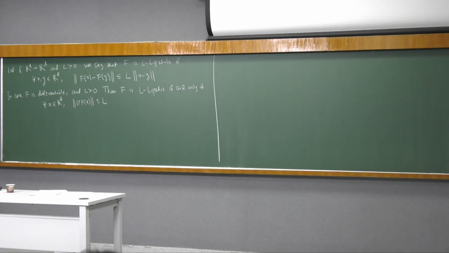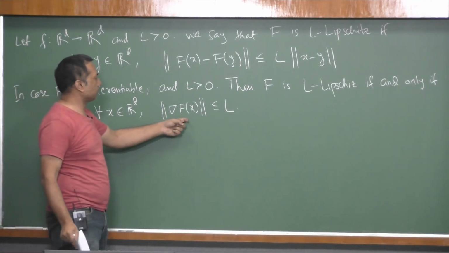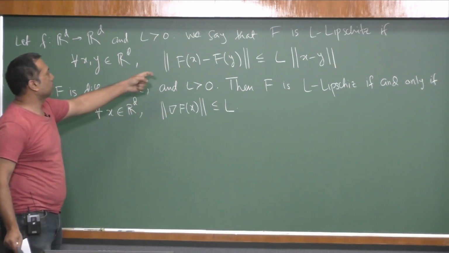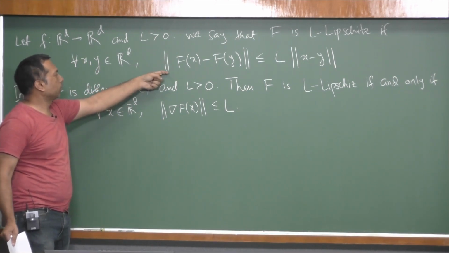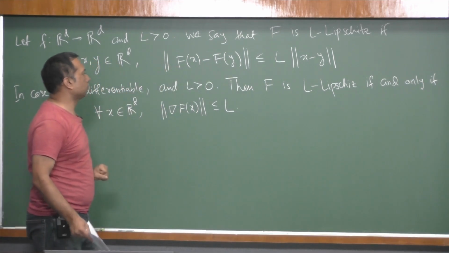So this is useful when f is differentiable, and the other one is useful when it's very generic. Here I never used any gradient of f, right? So this is more generic.